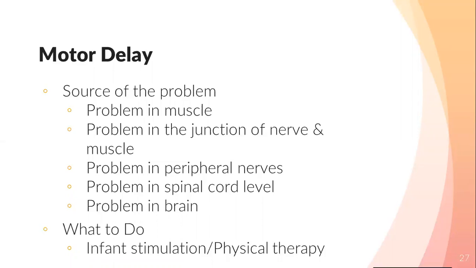It could be at the junction of the muscle and nerve, or it could involve the muscles as well. Depending on where the problem is, it's very important to intervene early to stimulate the child so that the brain development goes at par.